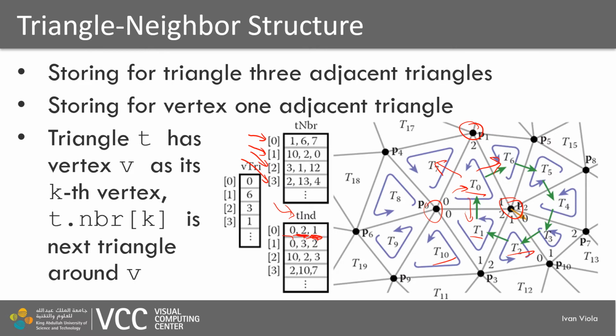So this is as it was before, and additionally we will have one array of vertices with the index of one triangle which contains them. Just one triangle, not all of them, an arbitrary one which contains this vertex.